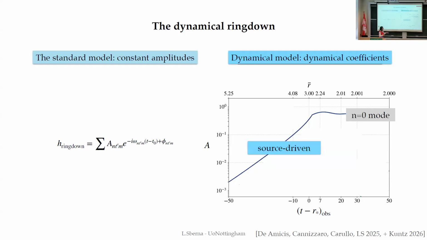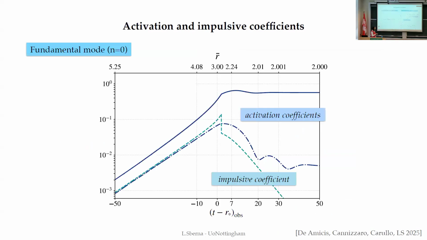And I think it's important to note that even after the quasi-normal mode signal has become the dominant part of the signal, a good description of the signal, the amplitude is still not quite constant. Here I'm showing both these accumulation type coefficients and these instantaneous coefficients, and they have exactly the behavior you would expect. One accumulates and the other one instead peaks around the bounce radius and then decays.